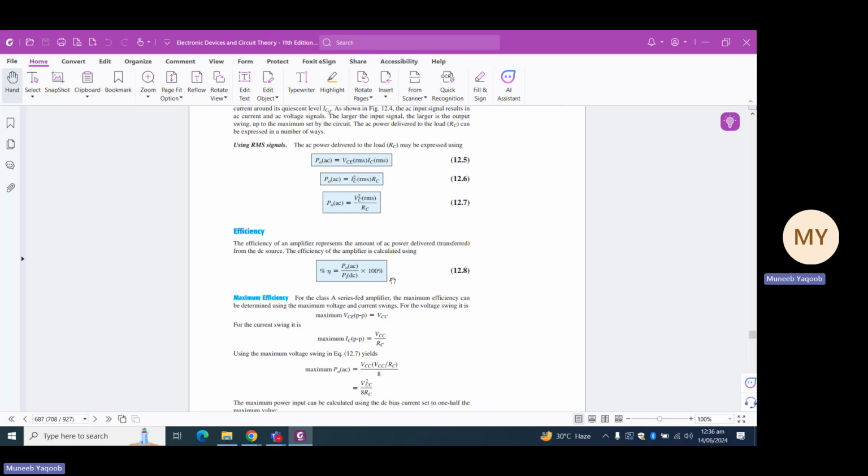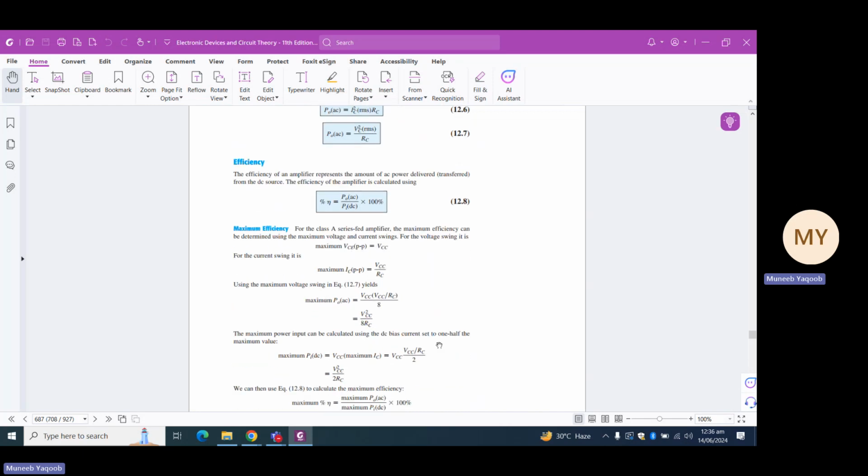So if we take the first expression, maximum AC power equals VCC multiplied by VCC upon RC upon 8, and hence maximum AC power is VCC square upon 8 RC. Now to calculate the DC power, it is VCC into ICC upon 2. So therefore, it is VCC square upon 2 RC.